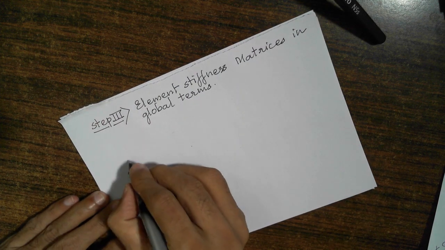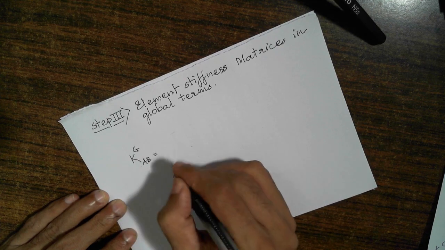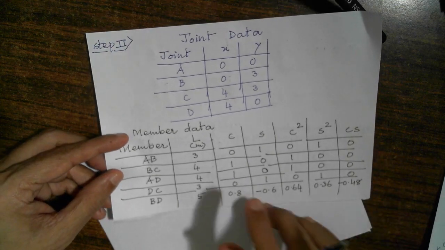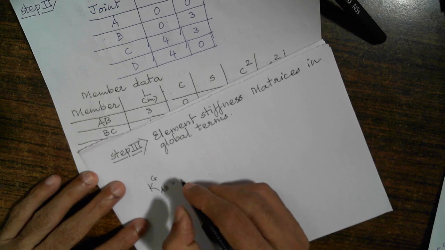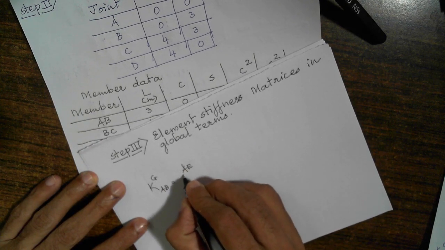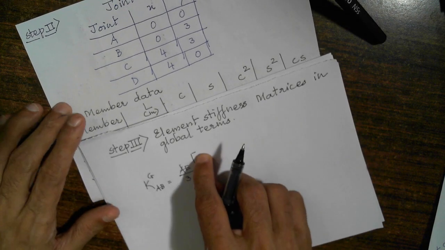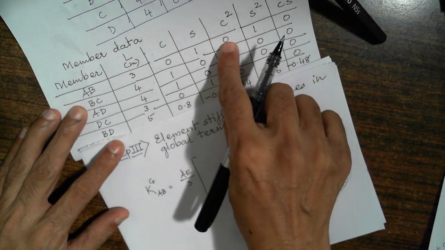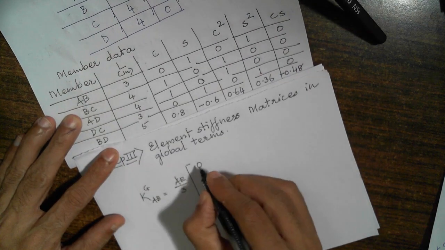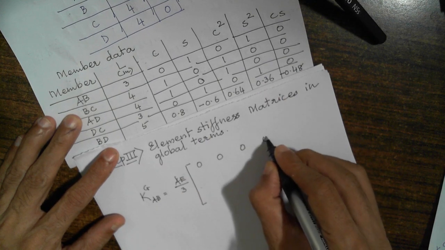My first element K global AB, my first element AB, I know the length of AB. Now I have to refer to this member data. Length of member AB is 3 meter, so it is AE upon 3, AE upon 3 into bracket. Now C square, CS, minus C square, minus CS. So for AB, C square is 0, CS is 0, minus C square is 0, minus CS is 0.